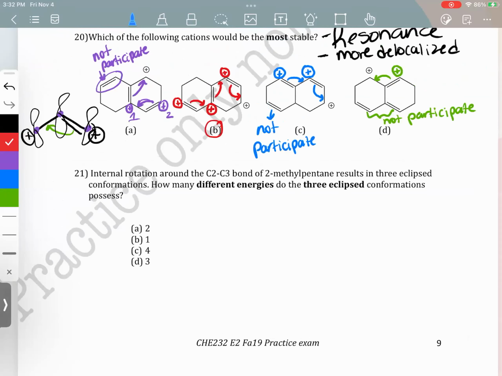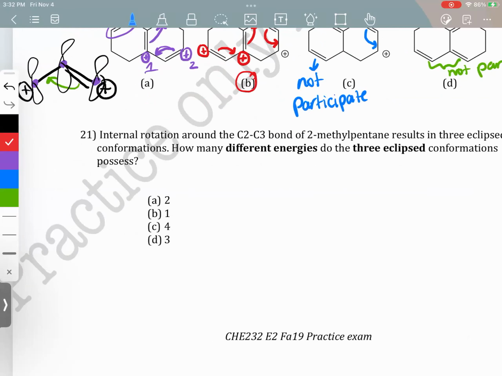So first, before we jump into the eclipsed Newman projections, we want to draw the more stable Newman conformation of this 2-methylpentane first. So I'll draw them out. 1, 2, 3, 4, 5.